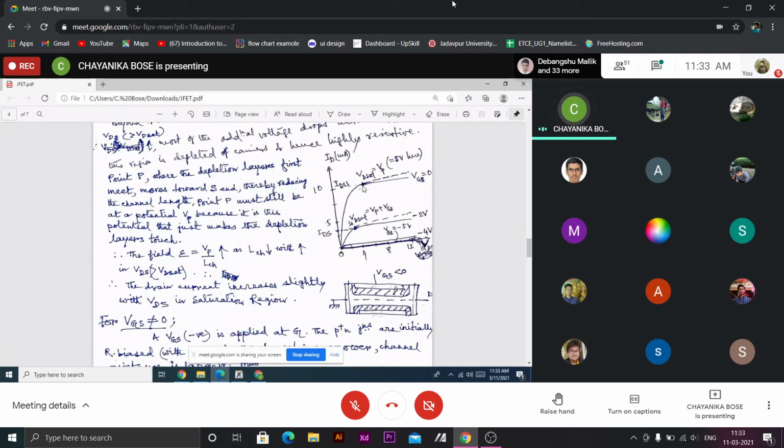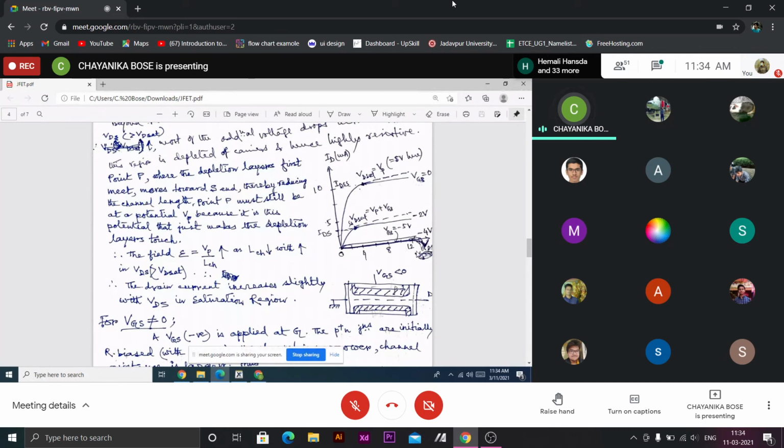And in the saturation region, if we ignore this increase, the current is basically independent of the applied bias. For a particular VGS, say VGS 0, the output current is independent of the output voltage, the drain voltage. So whatever the voltage, the current is the same, ID saturation, IDSS. So it behaves as a constant current source.